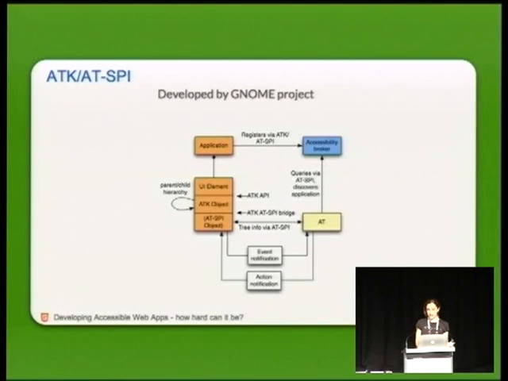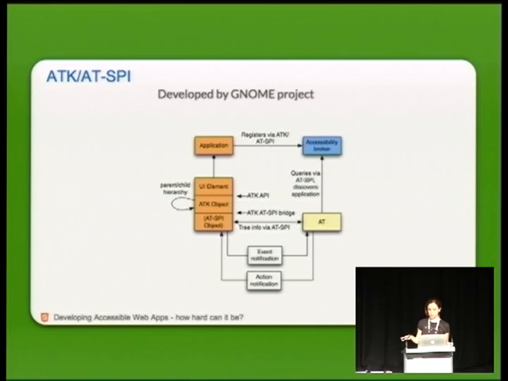All right, so we've got ATK/ATSPI. ATK is Accessibility Toolkit. ATSPI is Assistive Technology Service Provider Interface, which I've now remembered since I got it on Monday. This is just the very high-level architecture diagram that I made. ATK is a bit of a wrapper API around ATSPI, which is very low level. ATSPI also encompasses the accessibility broker, which runs as a daemon on the platform.